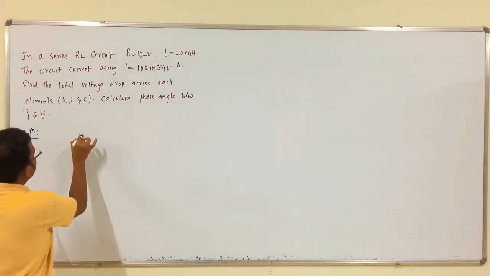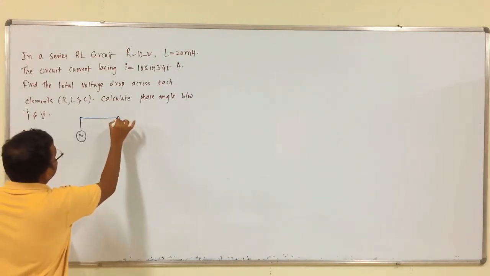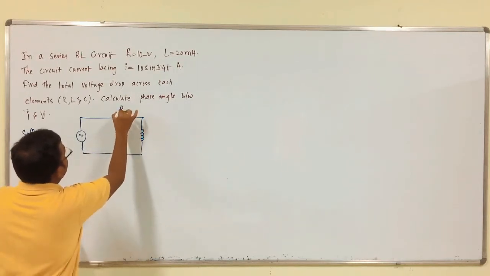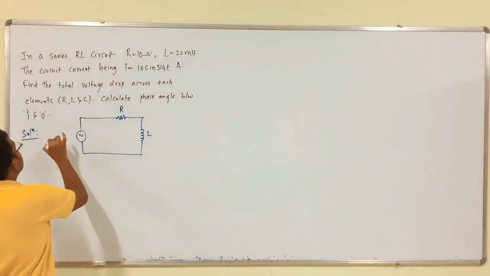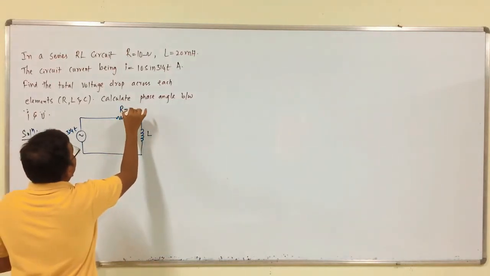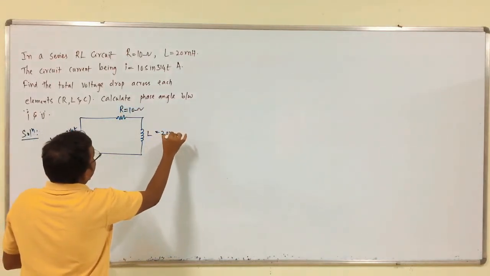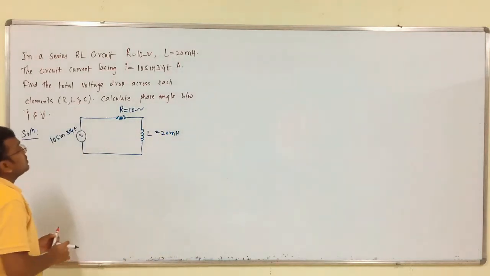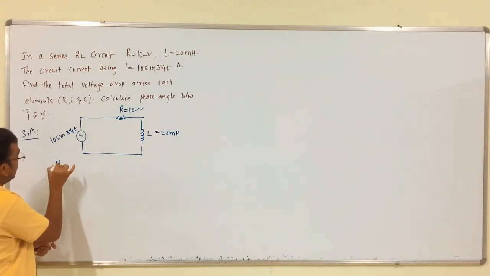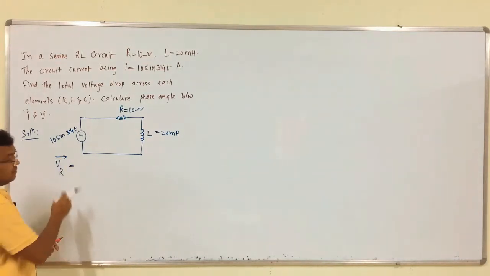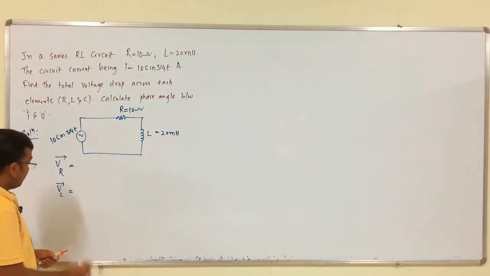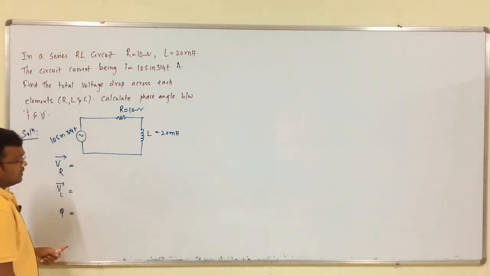So the given circuit is a series RL circuit with current 10 sin 314t, R equal to 10 ohms and L equal to 20 millihenry. We have to calculate the voltage across R, across L, and the phase angle between voltage and current.